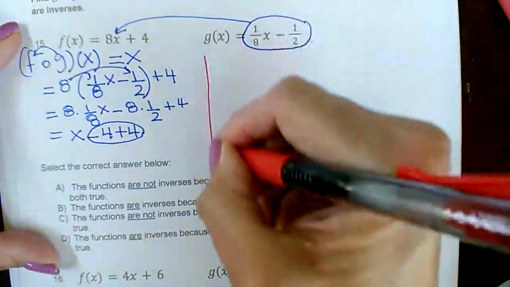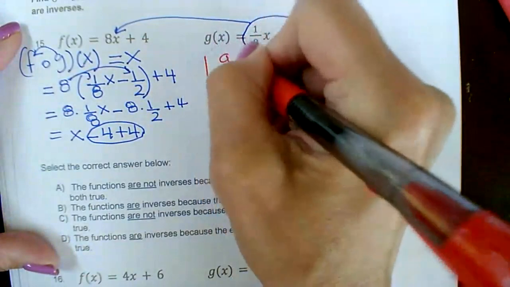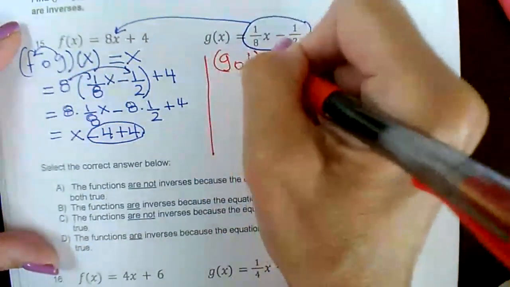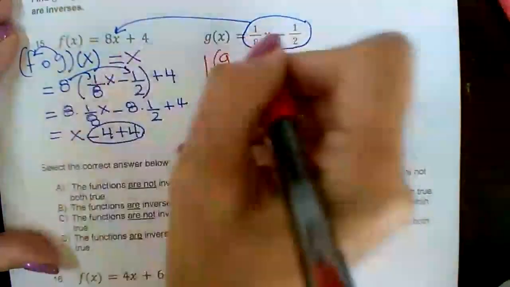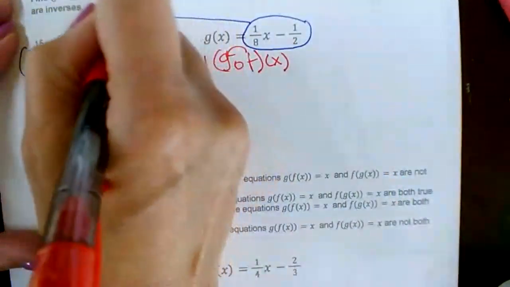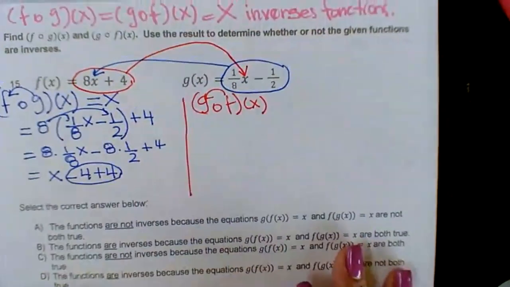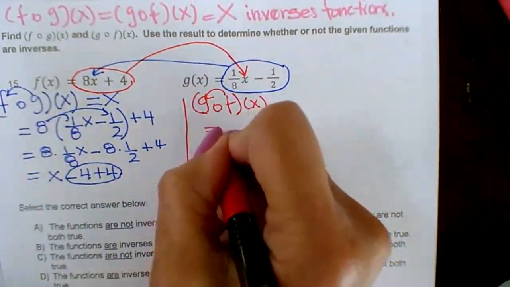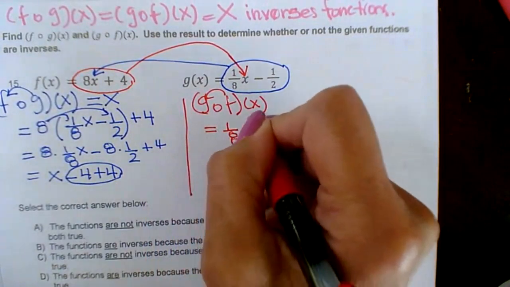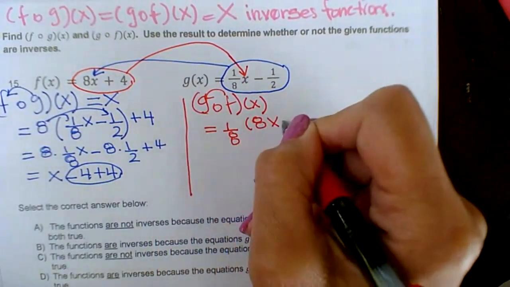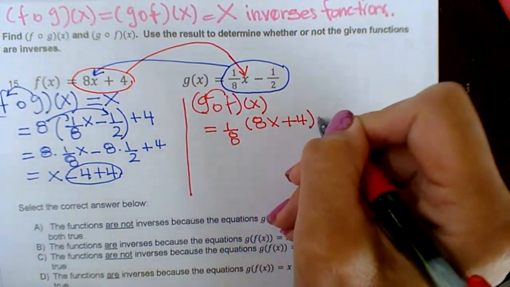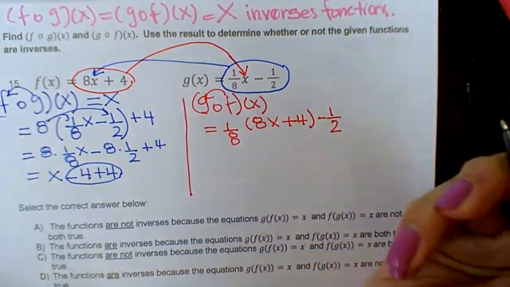Now let's go ahead and do g of f, meaning the f goes into the g. So it's going to be 1/8 times 8x plus 4 minus 1/2.